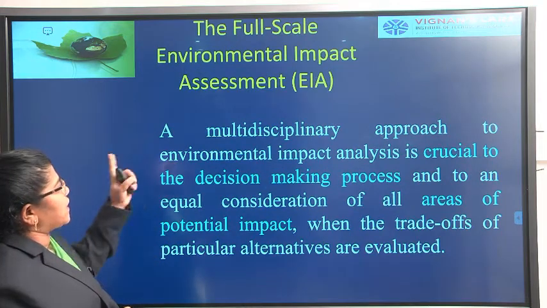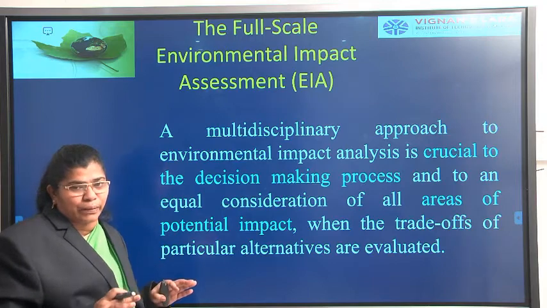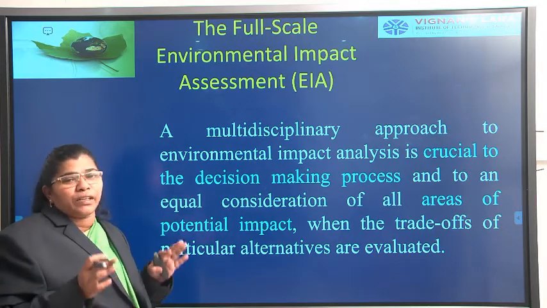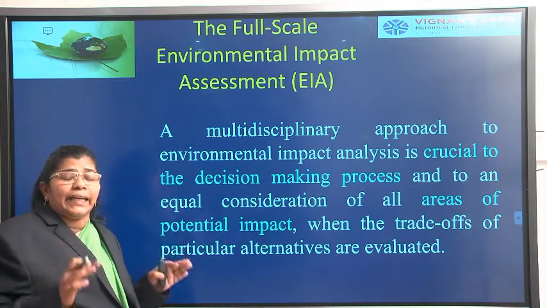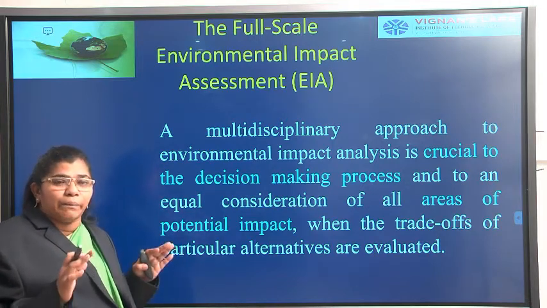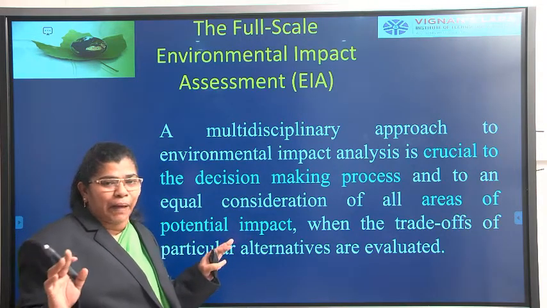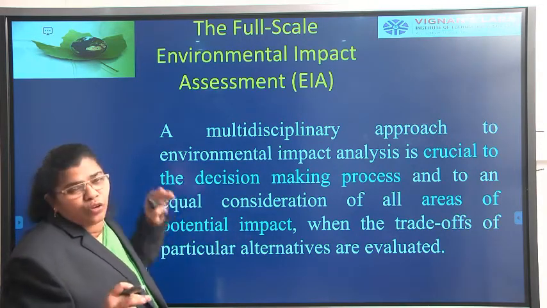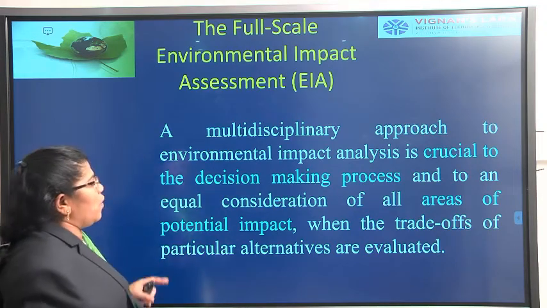The next one is the full-scale EIA, environmental impact assessment. The first one is IEE. In IEE, if the new project or the development plan is satisfied, then they don't go in for this EIA. Otherwise, they will go for this EIA. What is the EIA?